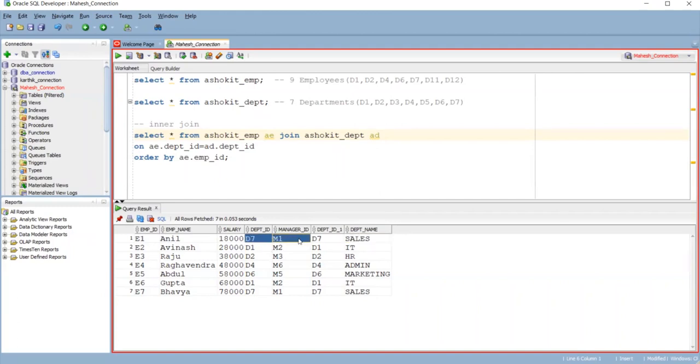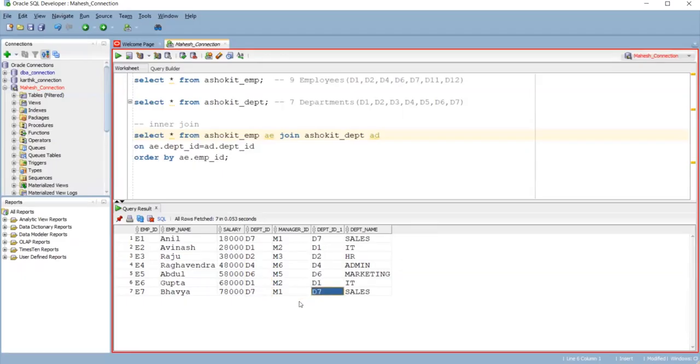Did we get the matched information or not? Here the employee record's department ID and the department ID matched. Right or not? So only the matched information we got or not?